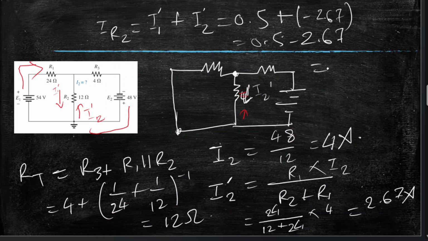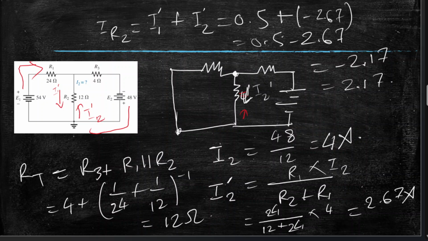Actually, we have to consider the larger. We can just write it here, minus 2.67, I mean 2.17. But we will not use this minus value. We'll actually use it as 2.17.